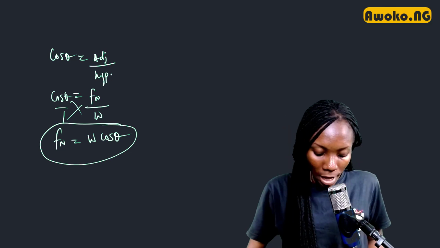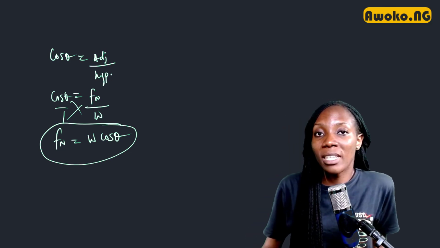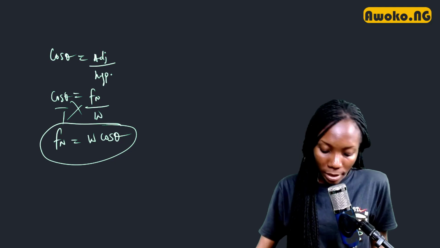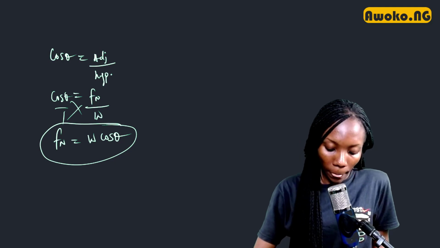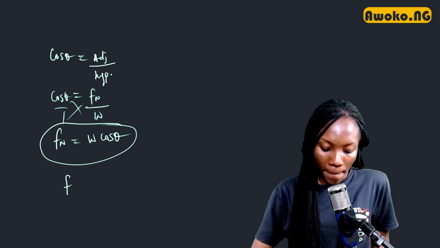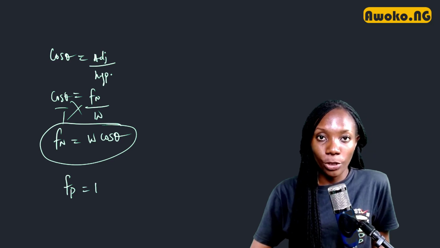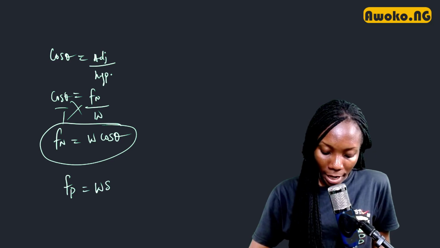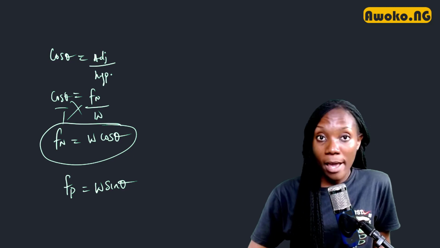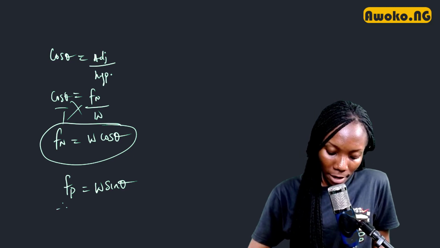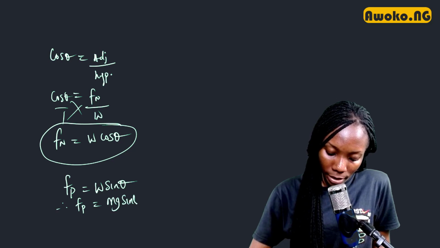And so we can say that the equation for the parallel component is given as FP equals W sine theta. And you know that W equals mg, so we can rewrite this as Fp equals mg sine theta.